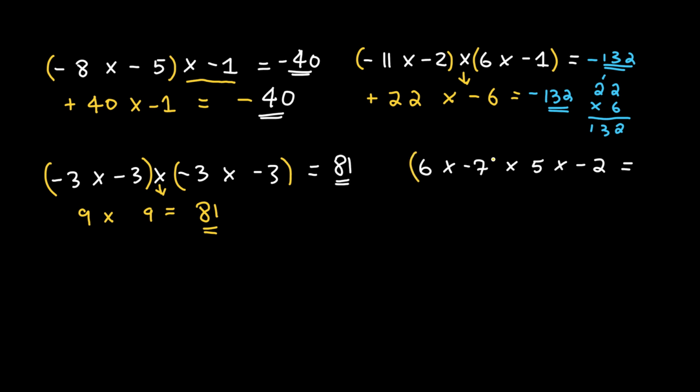Right, let's go ahead and group them together in pairs. And let's bring down the sign. Now, positive times a negative will give you a negative. Over here, positive times a negative will give you negative. 6 times negative 7 will give you negative 42. 5 times negative 2 will give you negative 10. Now, two negatives, so we know our final answer will be a positive number.